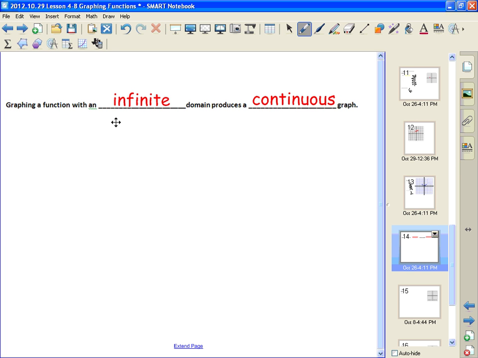Okay, so on the back, here's your blanks that you need to fill in. It says graphing a function with an infinite domain produces a continuous graph. So what is infinite domain?